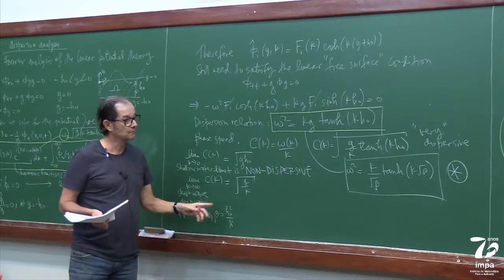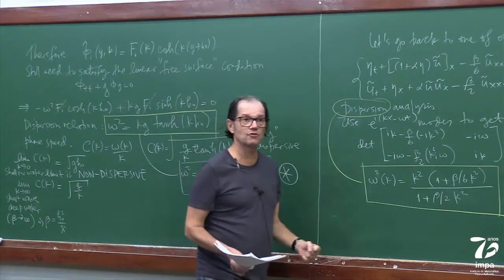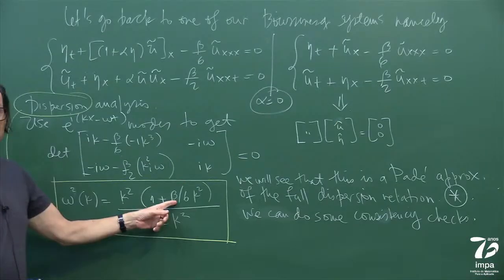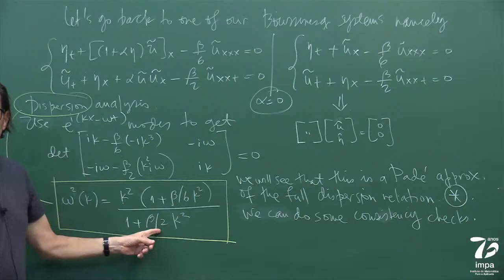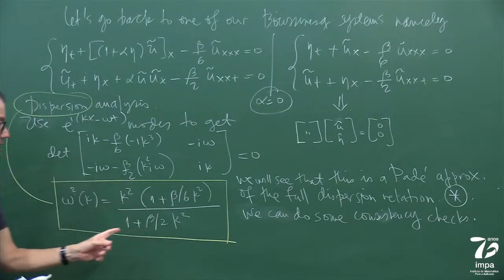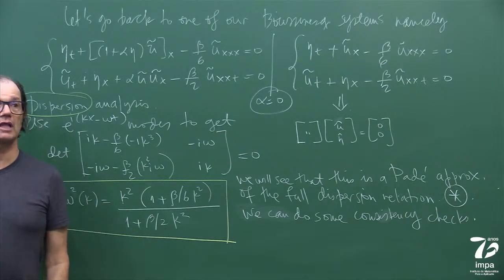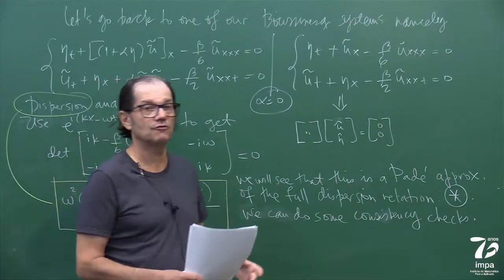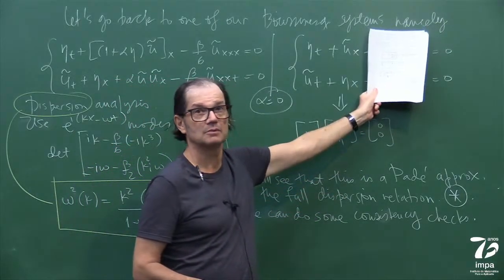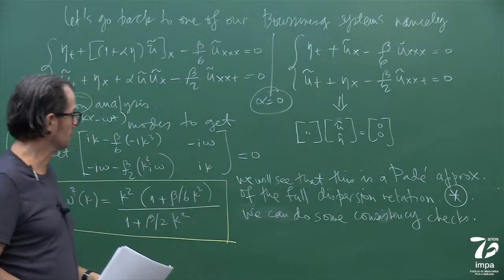So if we go into the shallow water regime, the long wave regime, that allows beta to go to 0. If beta goes to 0, we get omega squared equal to k squared. That's exactly what we saw last time for this system, which is the shallow water limit.